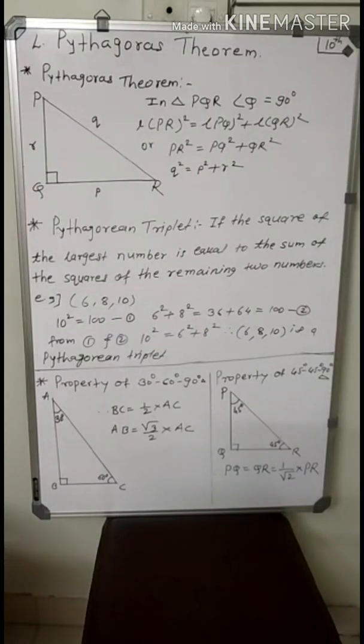Out of these 7 examples, you solve 5 solved examples, and then we will see practice set 2.1. So for homework, solve the examples from page number 36 and 37, which are based on these two properties and also the Pythagoras theorem.